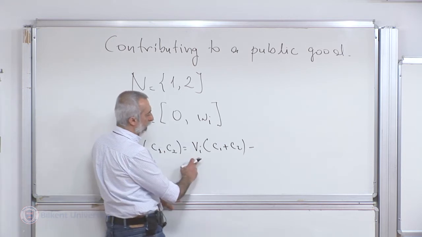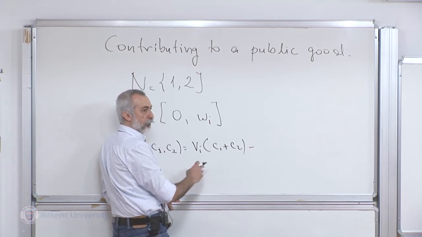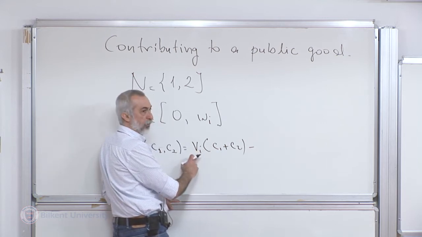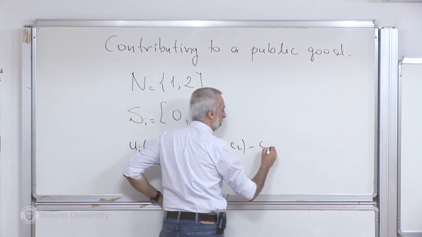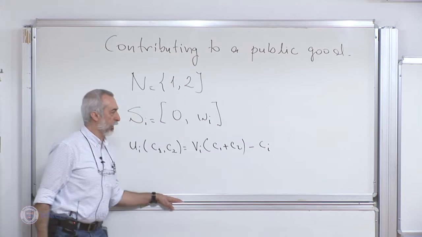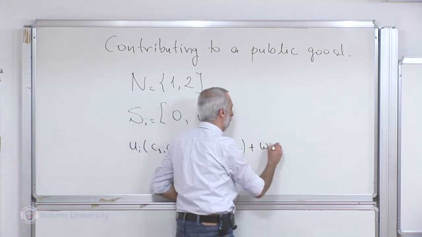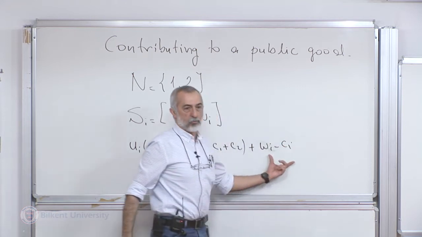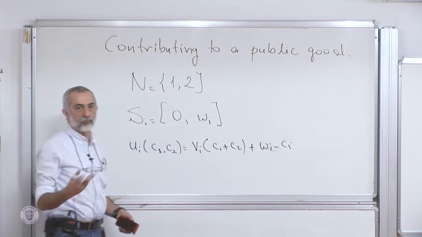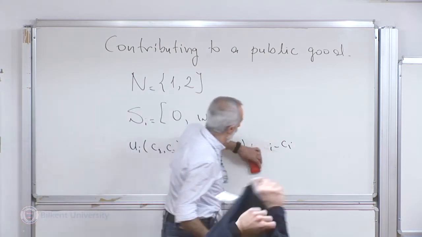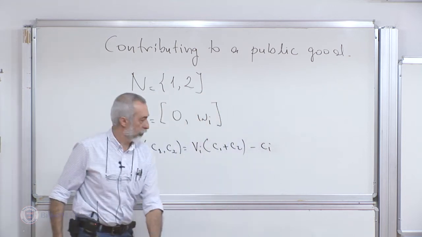So V_i(C1 plus C2) denoted the utility that agent i gets from the consumption of the public good, and minus C_i. Normally we would write W_i minus C_i, that's his spending on private good. But we know that preferences are invariant under monotonic transformation, so let's just keep things simple and write it of this form.